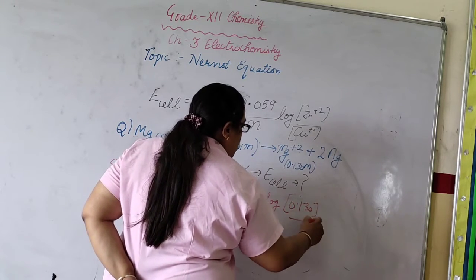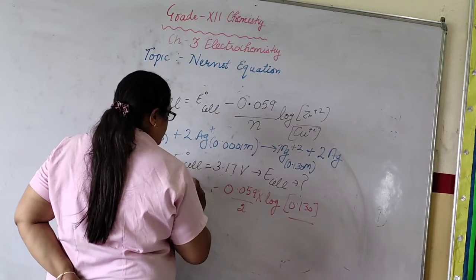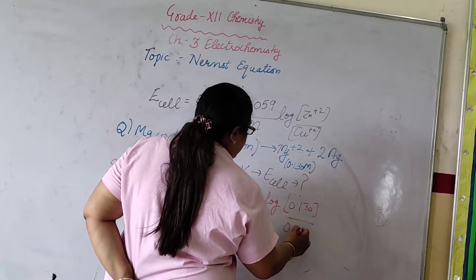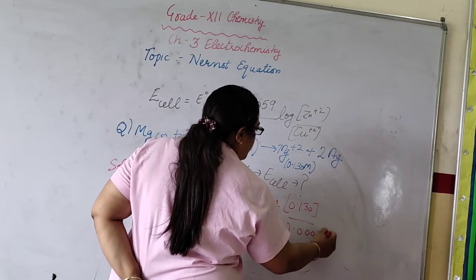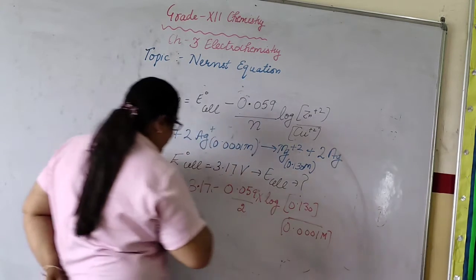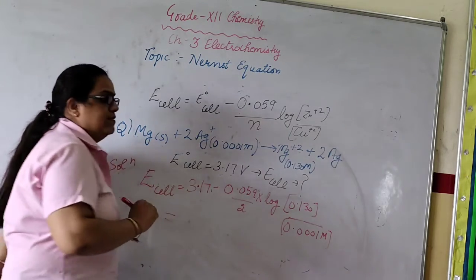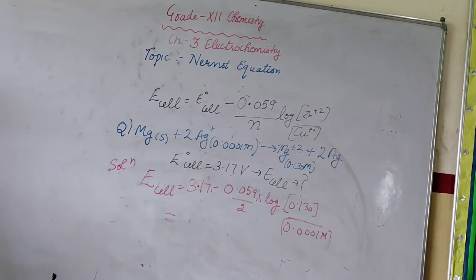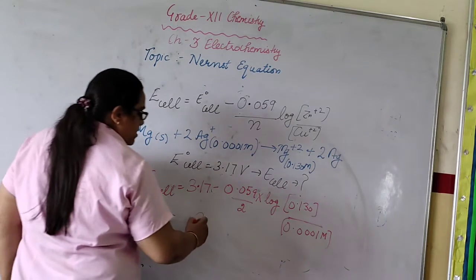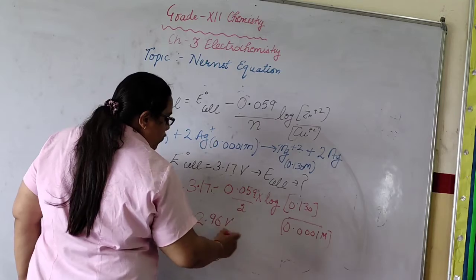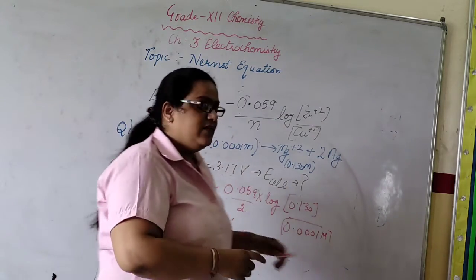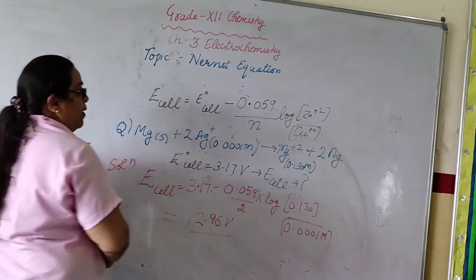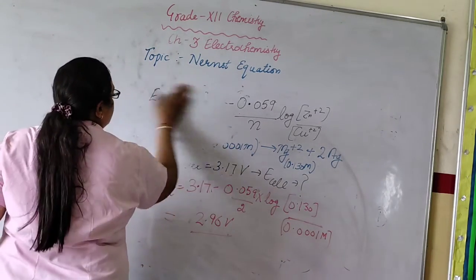E naught is 0.130 over, what? 0.0001 molar. Solve it and write the answer. It will approximately come out to be 2.96 volt. This is the way we can calculate the E of cell with the help of the Nernst equation.